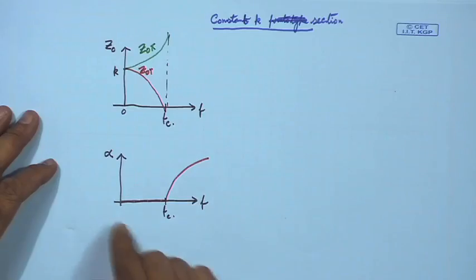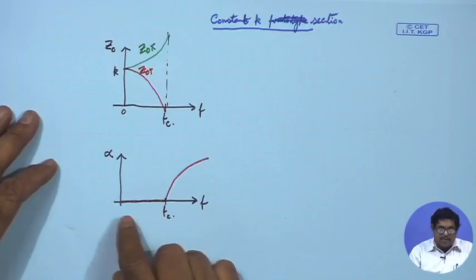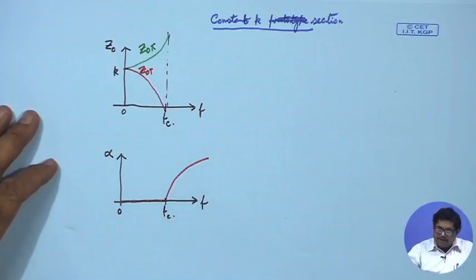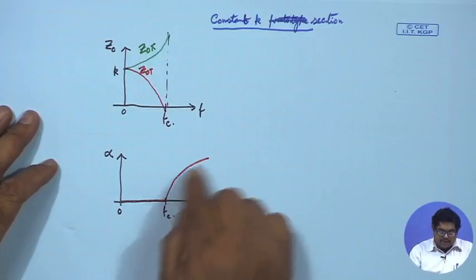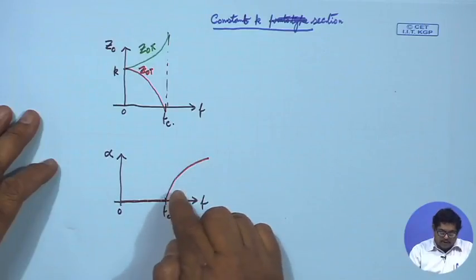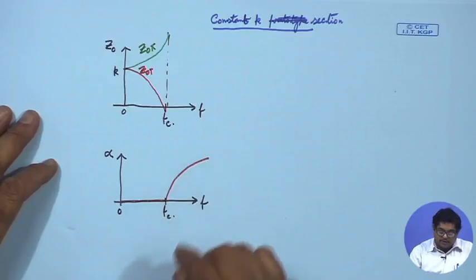Also, if we look at the attenuation constant graph, we see that in the passband, that means frequency from 0 to fc, for the low pass filter there is no attenuation, but once it crosses the pass band, in the stop band, there is attenuation, that is also desirable.